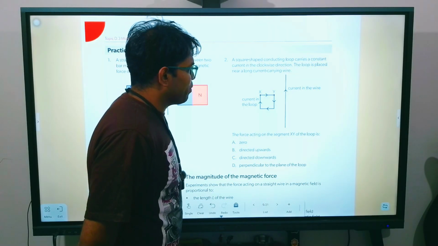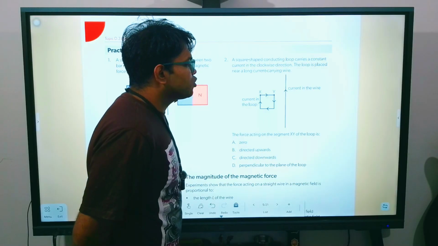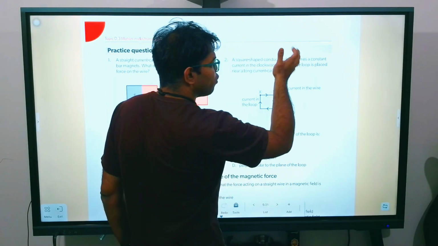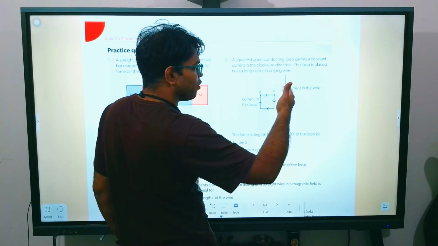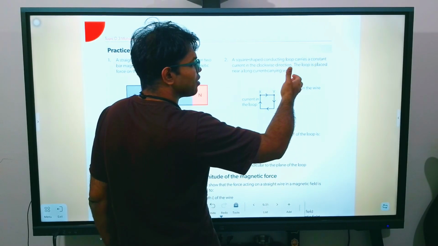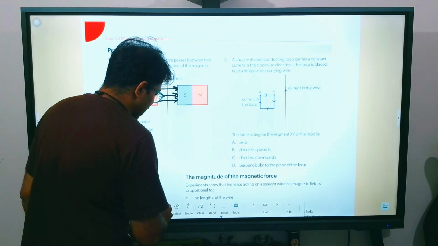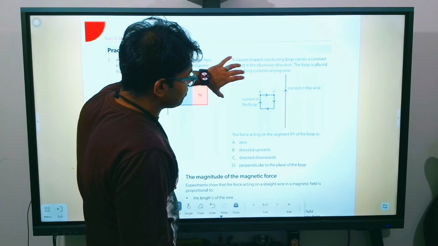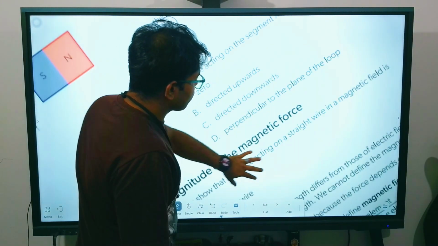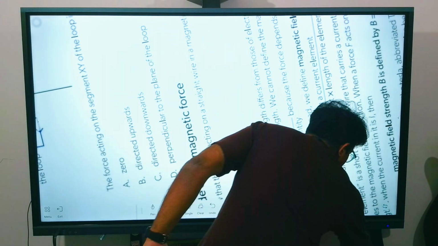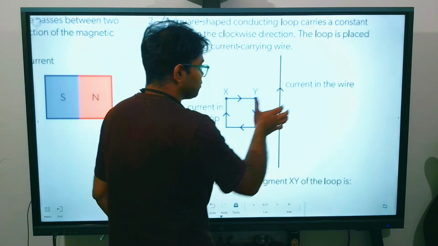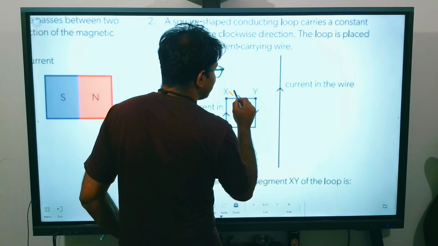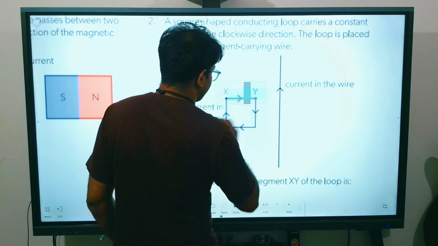The force acting on the segment XY of the loop is where the current is flowing like this. Therefore, it is producing a magnetic field like this. Now, on this plane XY, I'll magnify it as far as possible. There is a current like this.